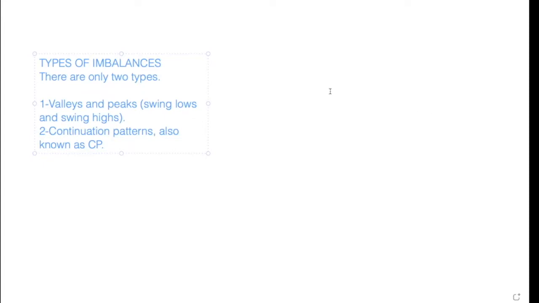A valley is usually a V-shaped formation that is very common at the origin of bullish impulsive moves. And we said a valley is made up of three features.